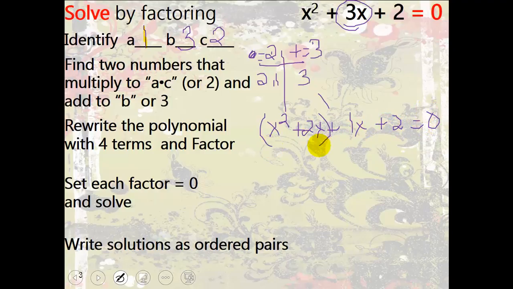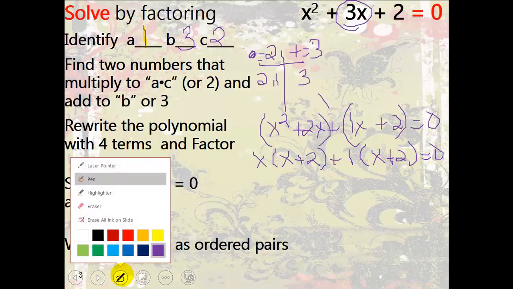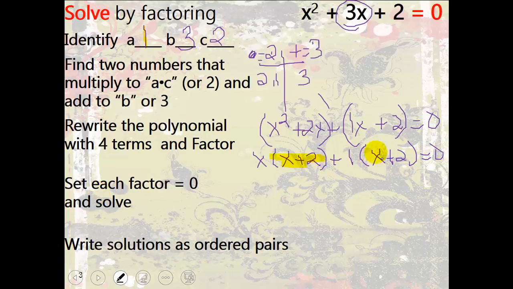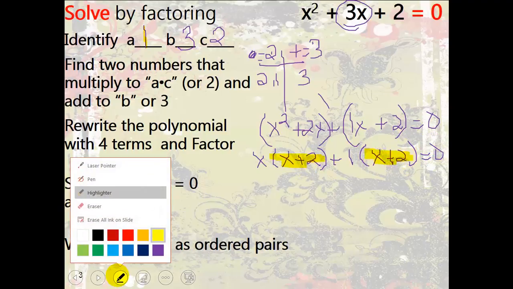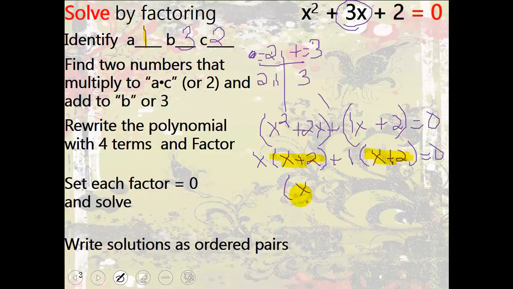And we group. And I factor out an x and I get x plus 2. Then I factor out a 1 and I get x plus 2. So notice how I have this matching. So now I get x plus 1 times x plus 2 equals 0.